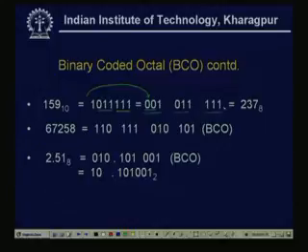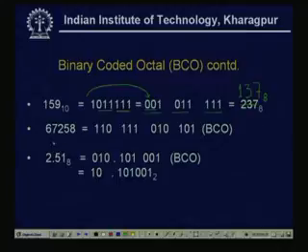Now, 0 0 1 means this is 1, then 0 1 1 means this is 3 and 1 1 1 means this is 7. So, this is my 137 in octal value.